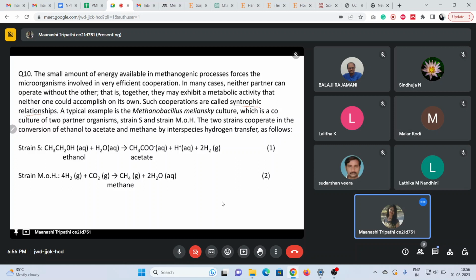So if the concentration of hydrogen decreases, the equilibrium will be disturbed. To maintain the equilibrium, more and more ethanol will be converted to acetate. So this is what we want. So here, to reduce the amount of hydrogen, strain MOH comes into the picture, which converts the hydrogen to methane.